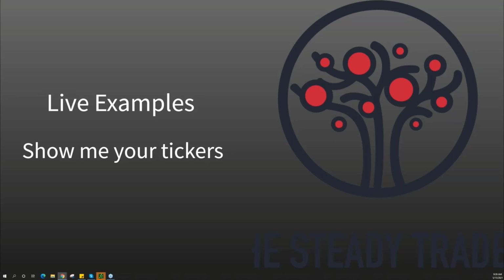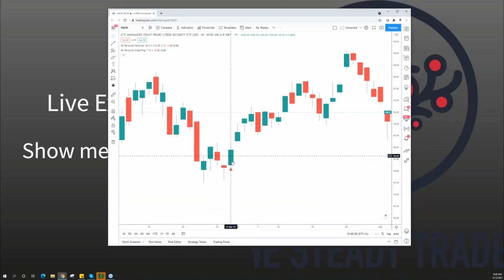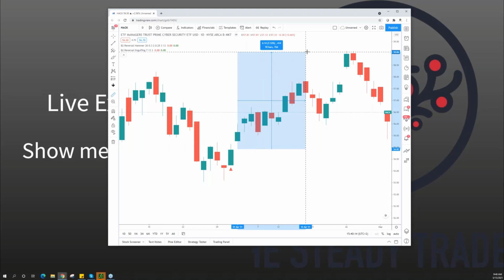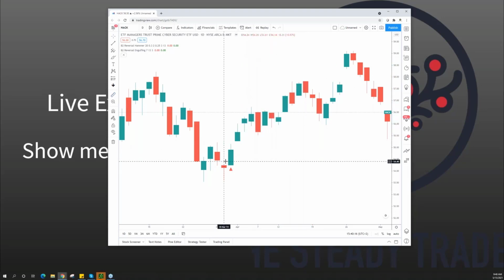Let me just show you a couple more. Let me see. HACK, that's an ETF, right? Here's HACK. Buy signal, right? Look at this. This is the exact pattern we just talked about: selling, follow-through buying, and this ETF then rallied 7 or 8%. This is just a signal from a few weeks ago.